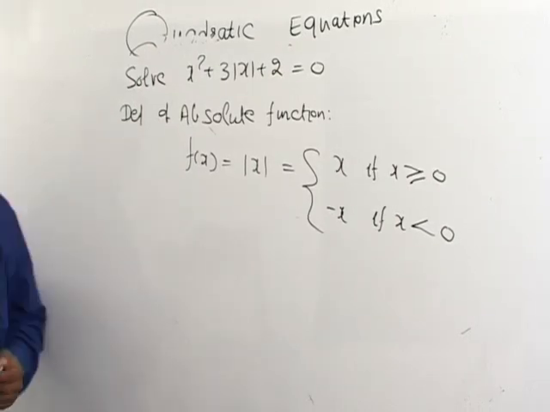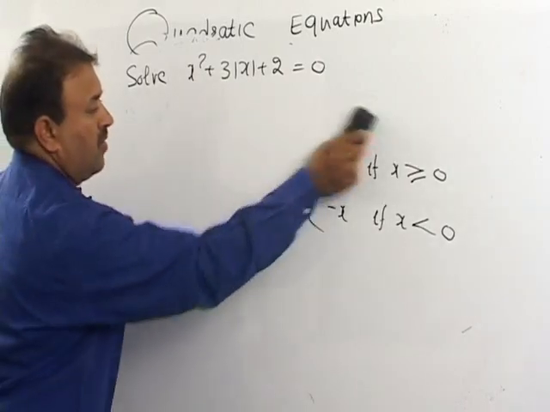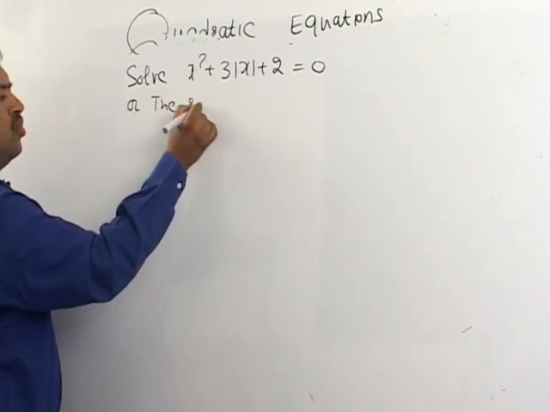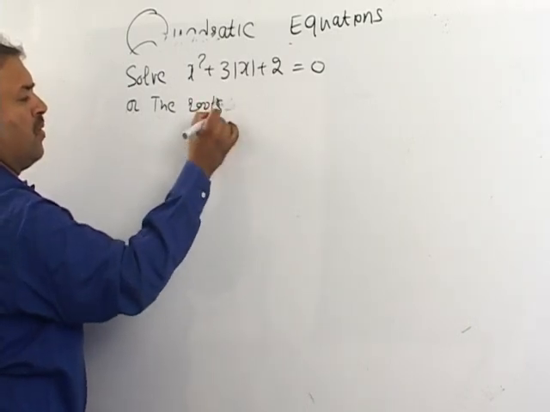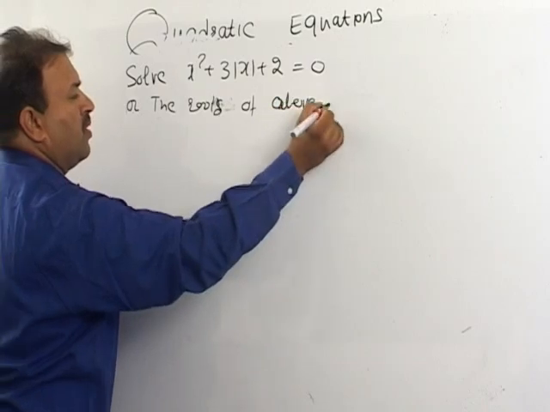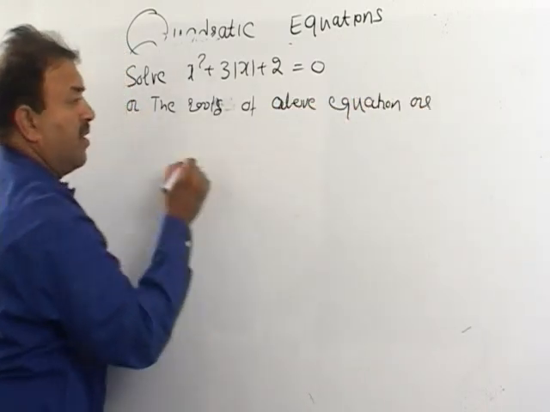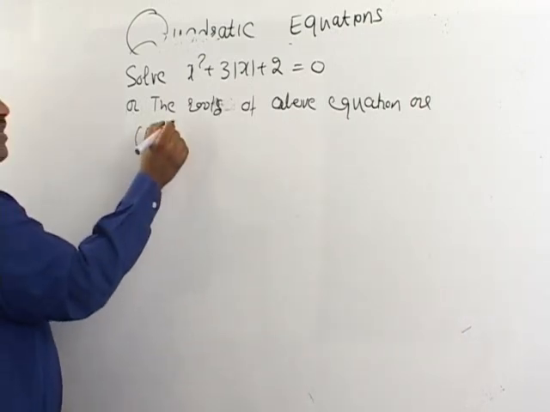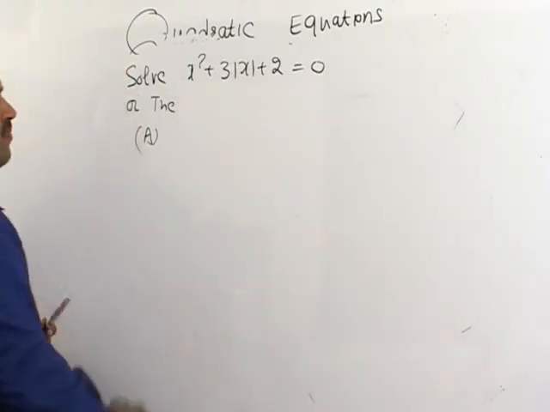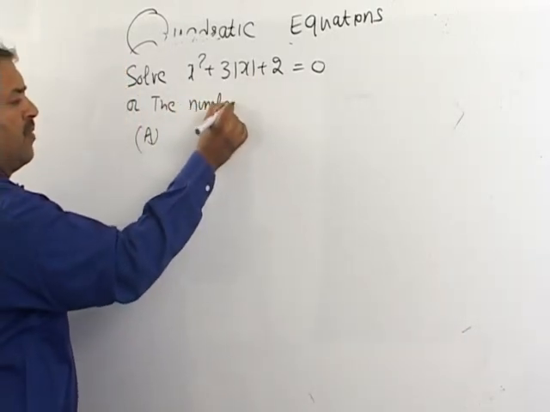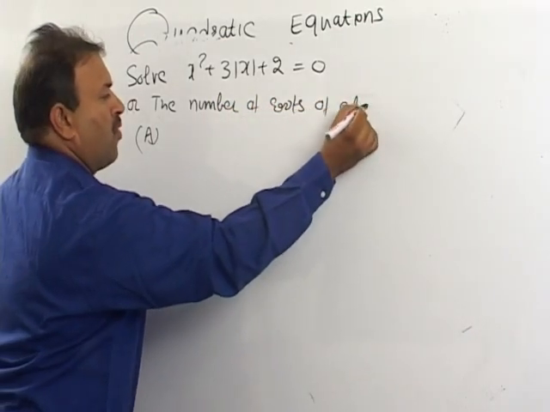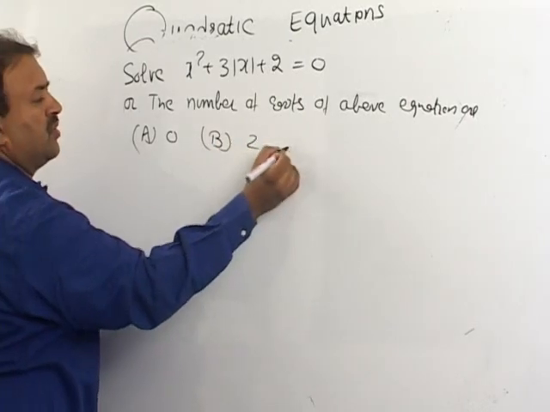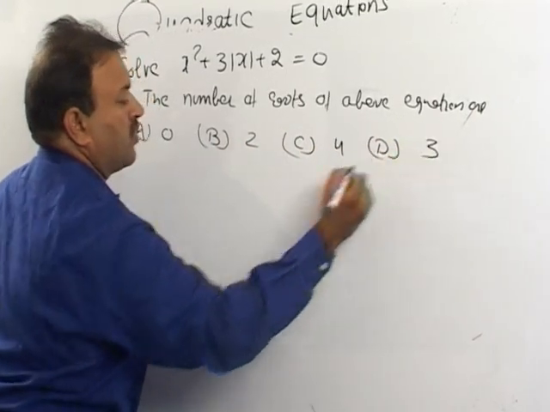First case we'll just take it. This question can be written as: the number of roots of the above equation are, A part 0, B part 2 roots, C part 4, D it comes out to be 3.